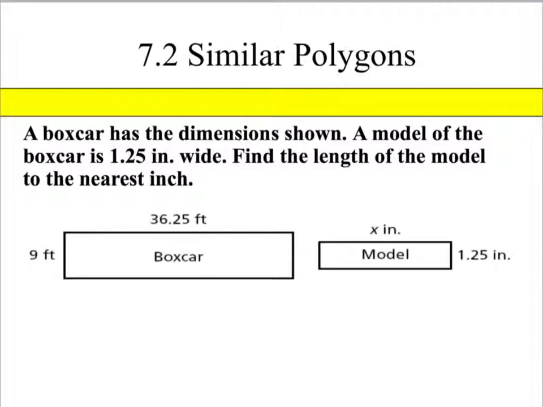Okay, so when I look at this, again, I like to set this up into the correct proportion. What I do on one side, I have to do to the other.